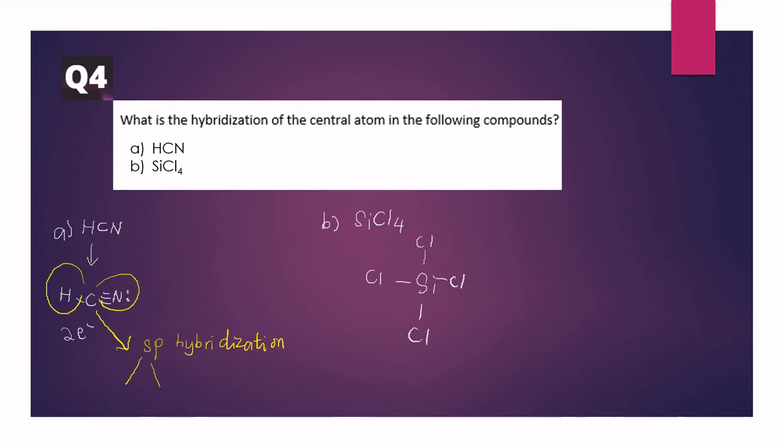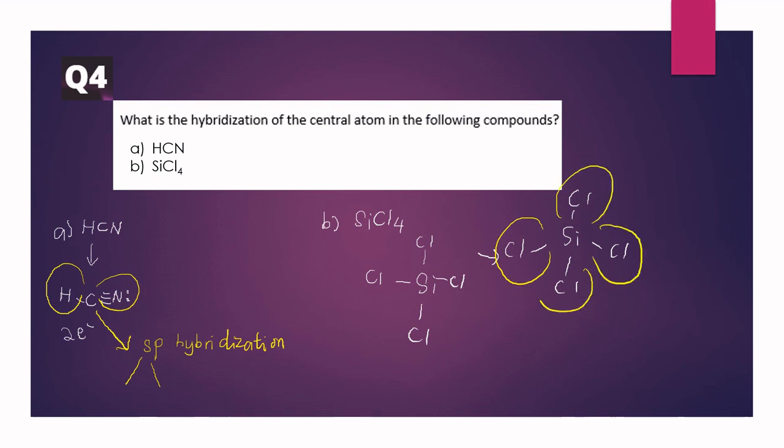The molecular geometry is tetrahedral, and since it is tetrahedral it has 4 electron domains. So the hybridization is sp3 hybridization.